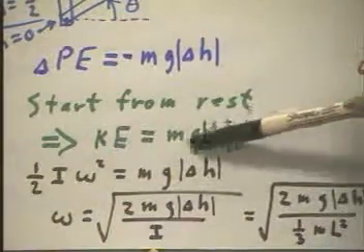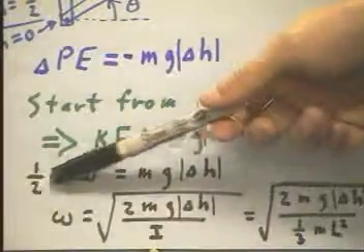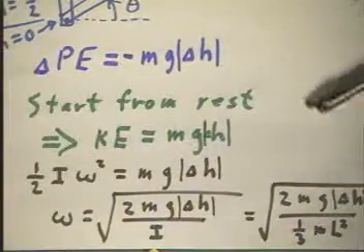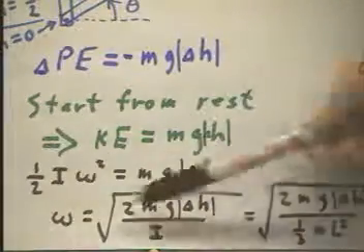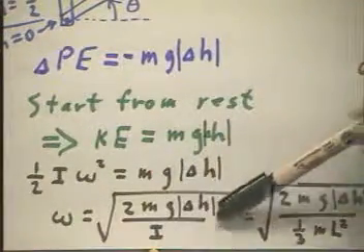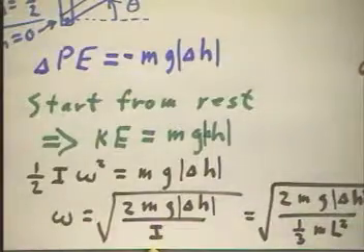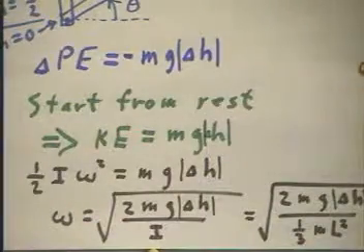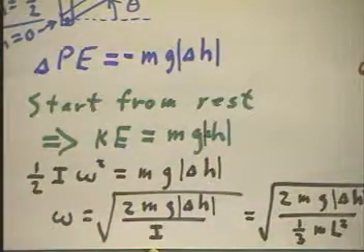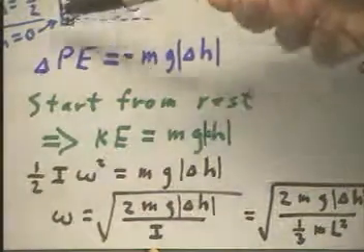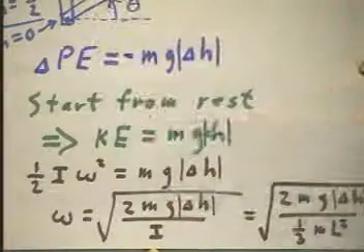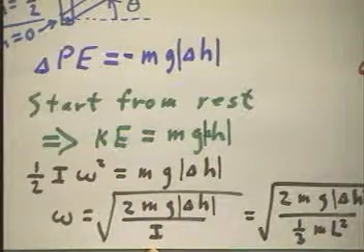Well, if the kinetic energy is mg delta H, then one half I omega squared for this beam is mg delta H, which means that omega is the square root of 2 mg delta H over I, if I didn't say that. The moment of inertia of a beam constrained to rotate about its end is 1/12 ml squared.